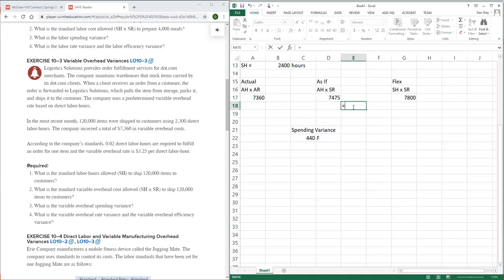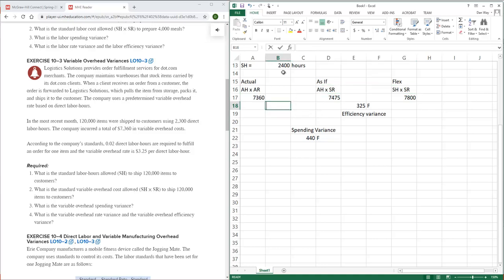So the difference on this side, 7,800 minus the 7,475, that's $325. Since the as-if is less than that flex or the standard, we'd say that's a favorable variance. And again, this is our efficiency variance since we've isolated differences caused by differences in the hours used.